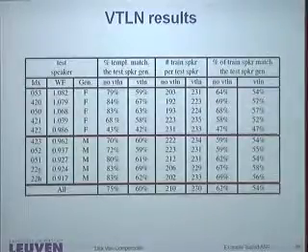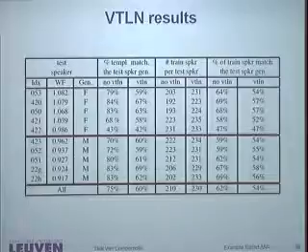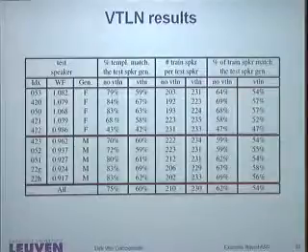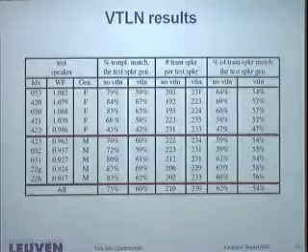Look at gender matching, the number of templates with gender matching. If you don't use VTLN, you might get an average of 75. If you use VTLN, it's only 60%, meaning that's the number of speakers that are used in the templates. It's not a weighted average. It's just what speakers of a certain gender are used.